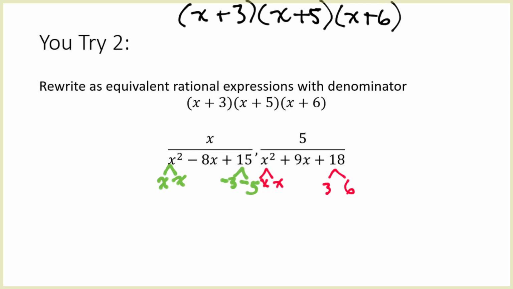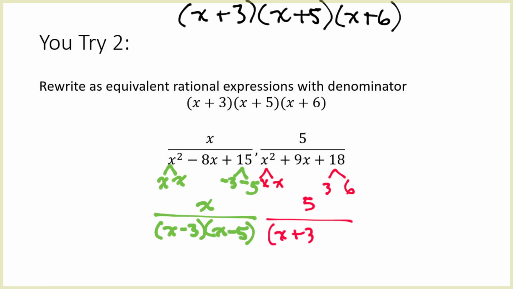So, you know that we need to go x over x minus 3 times x minus 5. And the one on the right is 5 over x plus 3, x plus 6. So this green one is missing, what is it missing? Well, it's missing an x plus 3.